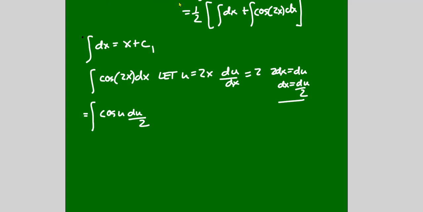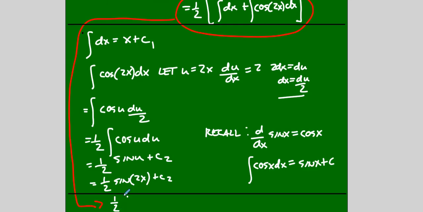So now, half, brackets, the antiderivative of dx we said is x plus c sub 1. And then the antiderivative of cosine 2x dx, which we found to be 1/2 sine 2x plus c sub 2.